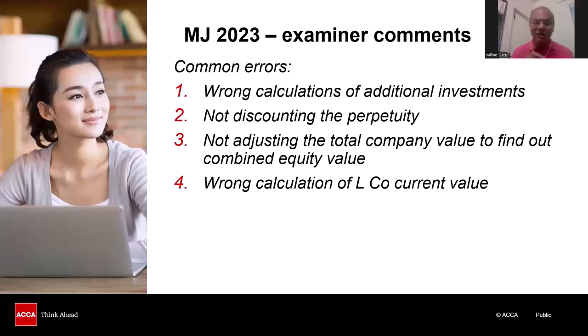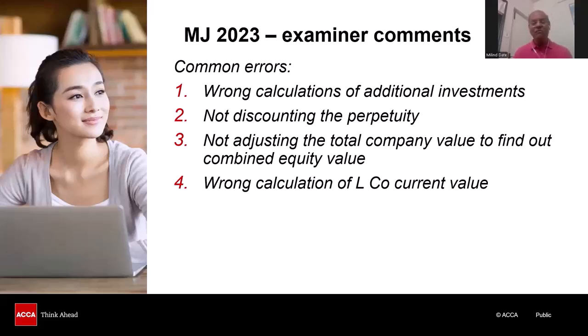In this example, equity was asked. So you take total company value and multiply it by the debt equity proportion to find out the equity value. A wrong calculation of the current value of the target company.